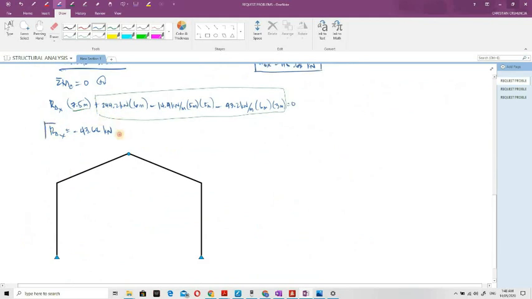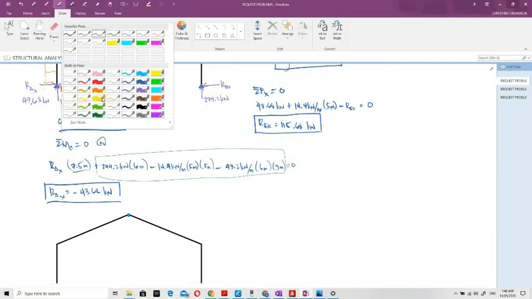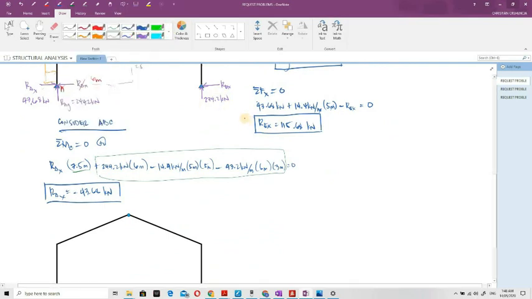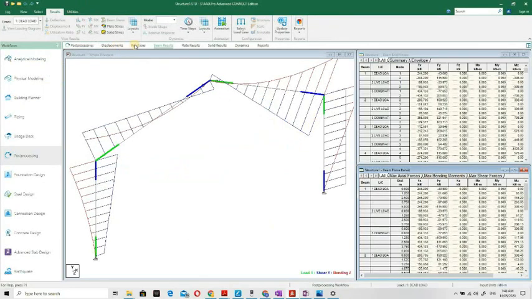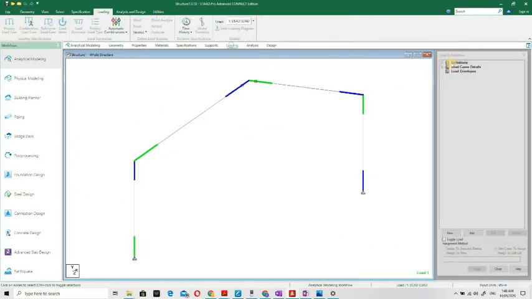Okay, so nakompleto na natin yung ating reactions. So check natin if we obtain the same support reactions from StatPro. So again, REX natin is 115.68 kilonewton. Okay, so ito na yung ating StatPro. So reactions, yung dead load natin. Kata muna natin yung ating load.